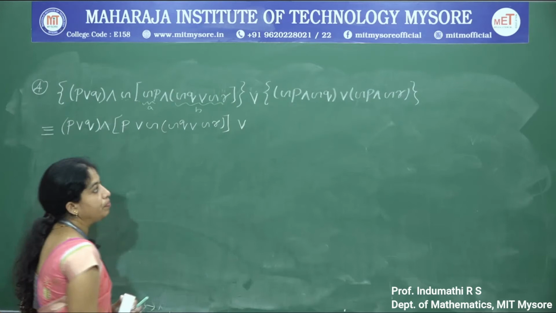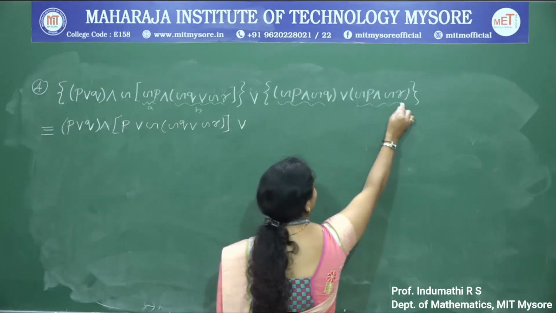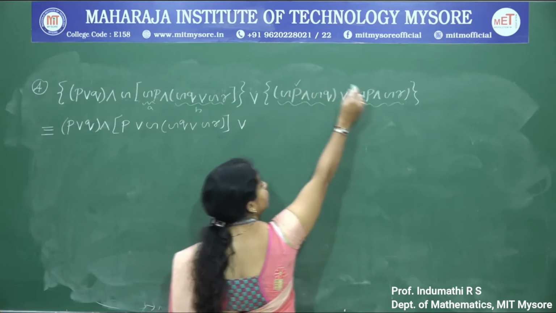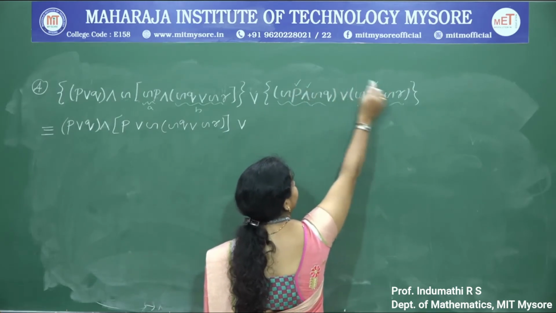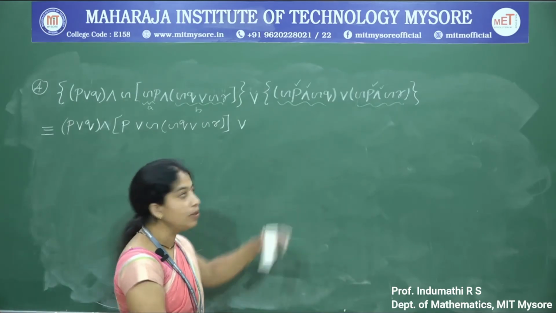Write disjunction of. Again, here you can see the two compound propositions. In these compound propositions, the first term and the next symbol are similar. So we can apply law of distributive.